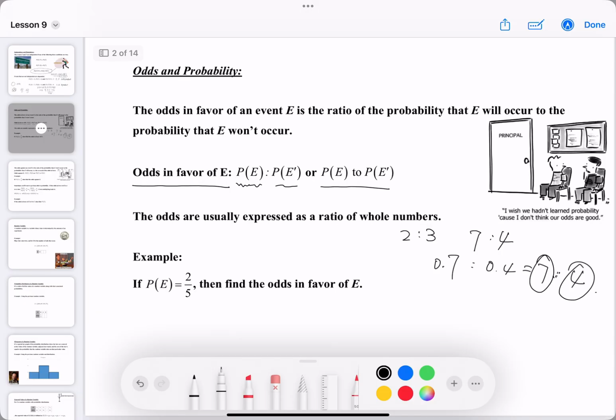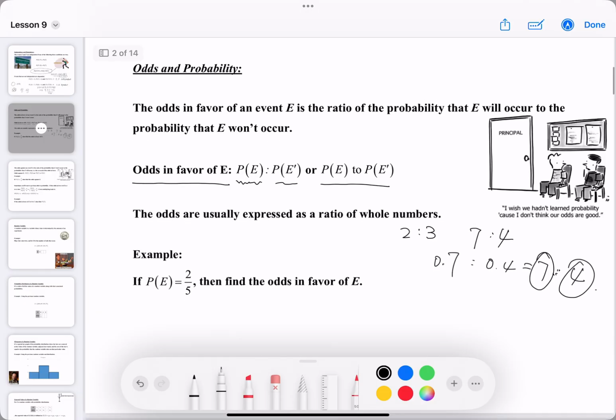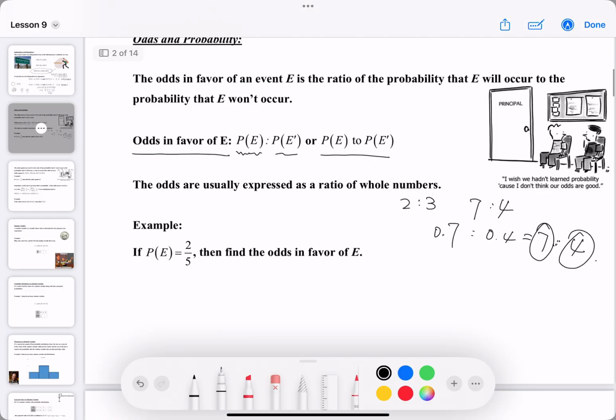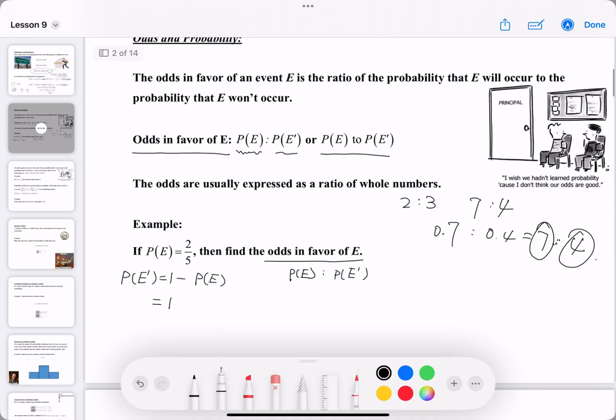Okay, P of E equals 2 over 5. Then find the odds in favor of E. We know that the odds in favor of E equals P of E to P of E prime. What is P of E prime? We learned P of E prime equals 1 minus P of E. It is 1 minus 2 over 5, which is 3 over 5.